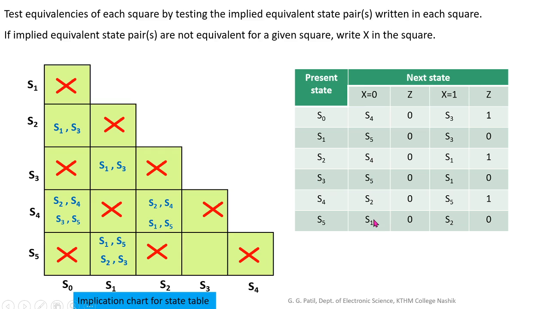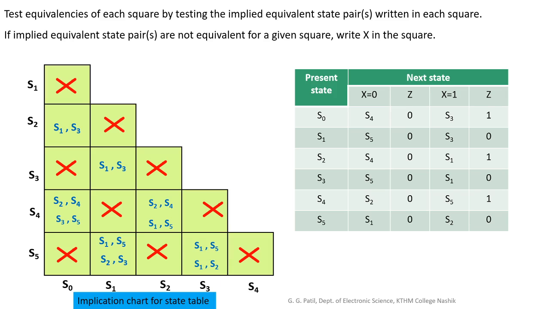Here it is S5 and S1, and under input x equals 1, S2. So S3 is equivalent to S5 if and only if S1 is equivalent to S5 and S1 is equivalent to S2.